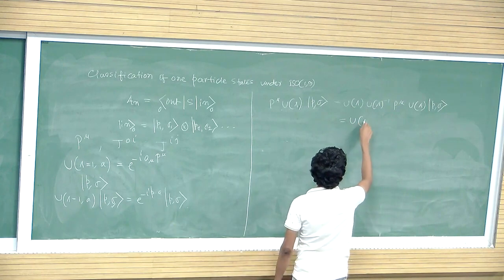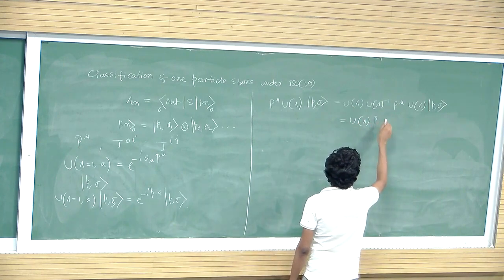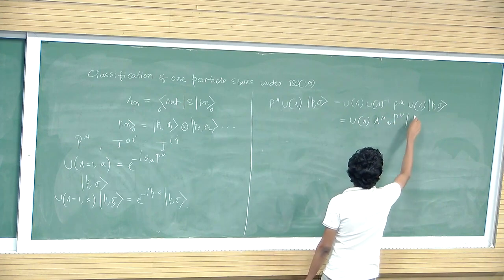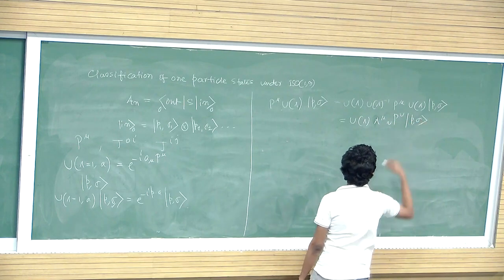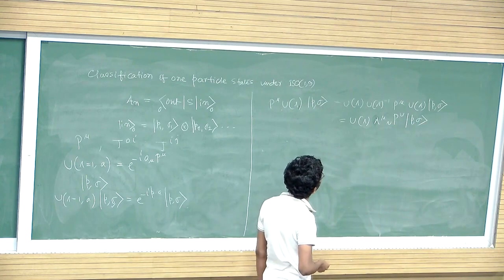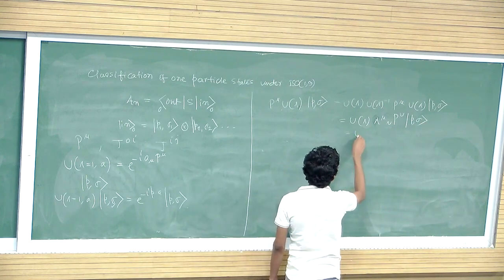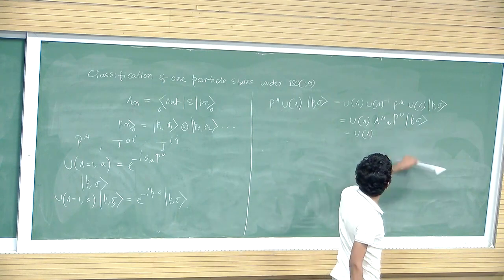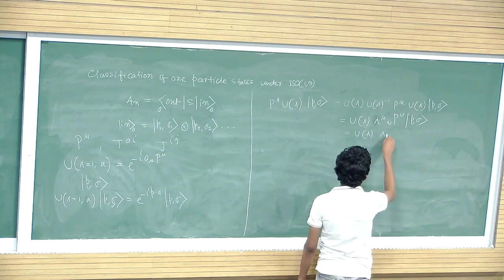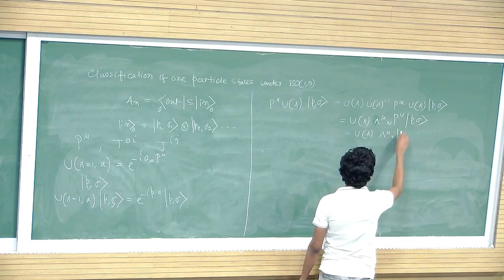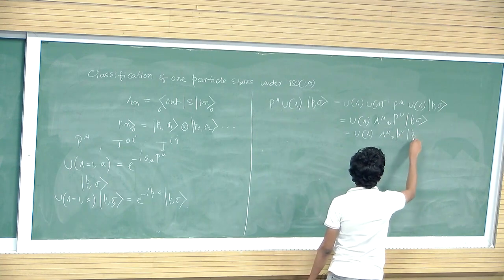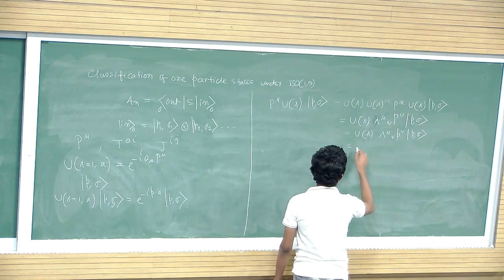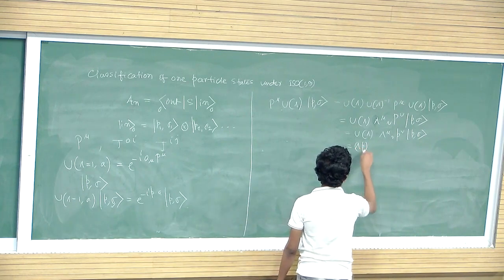It is something like U(Lambda) P^mu U(Lambda)^-1 equals Lambda^mu_nu P^nu. Then this 4-momentum operator acting on |p, sigma> will give you Lambda^mu_nu small p^nu. Then you can take this to the left hand side. So this is something like Lambda p^mu.